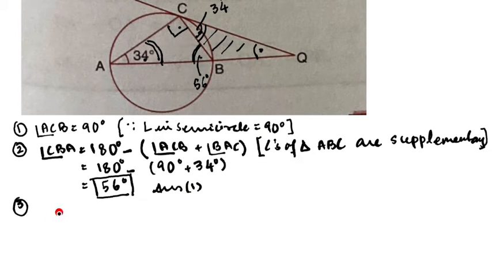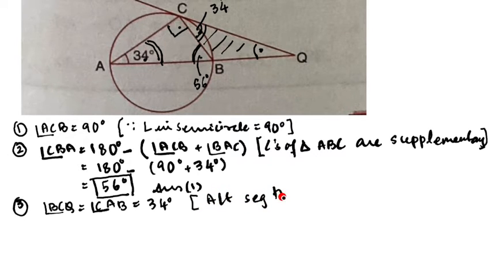The third statement will be this one equal to this one. So we will say angle BCQ is equal to angle CAB, which is 34 degrees, and this will be because of alternate segment theorem. So we'll have this angle as 34.